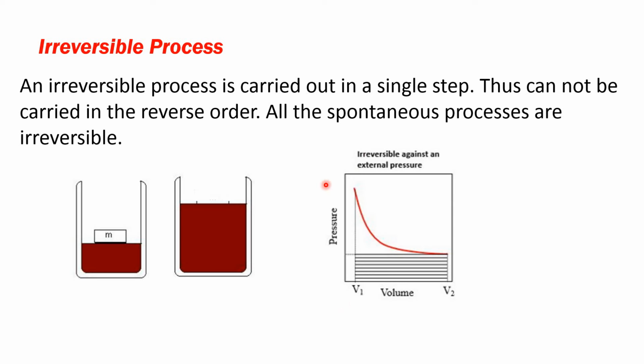So here you see the pressure volume curve of this irreversible process. That means against the external pressure. Now here what is done? Suddenly the pressure is decreased from here to here in one step. So the volume increased from here to here in one step. So this is an irreversible process.